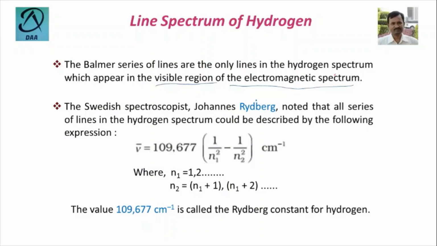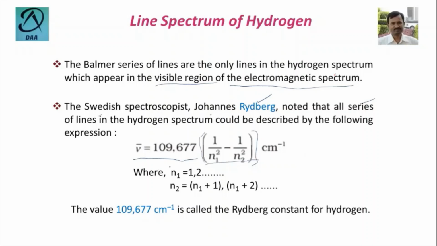Another scientist, Rydberg, noted that all series of lines in the hydrogen spectrum, not restricted to the visible region, could be described by the equation. You can see it is like Balmer's equation, but only the part 1 by n1 square minus 1 by n2 square he changed.